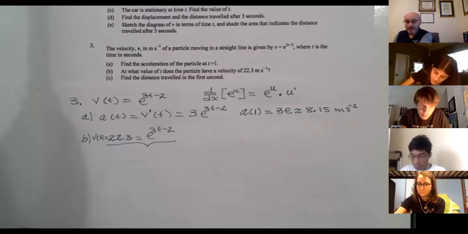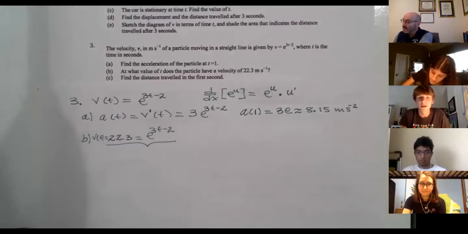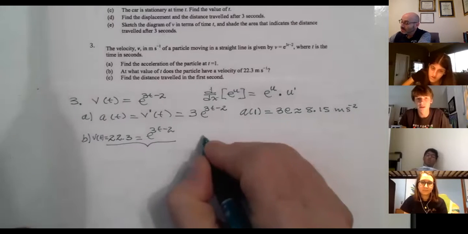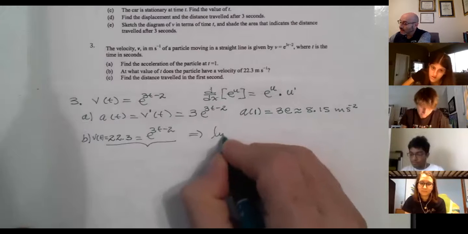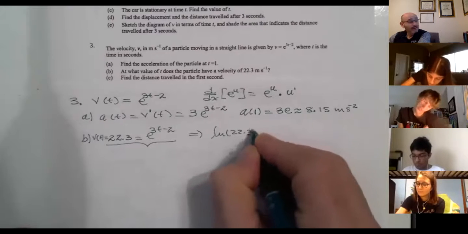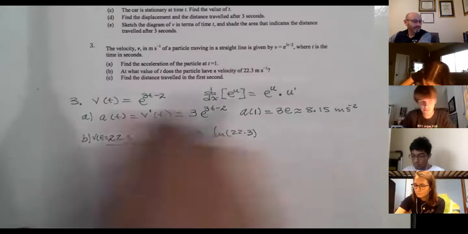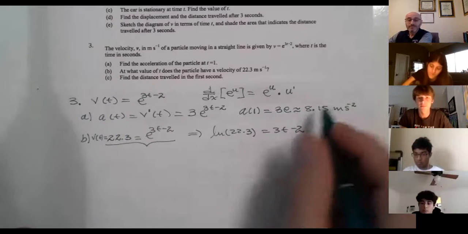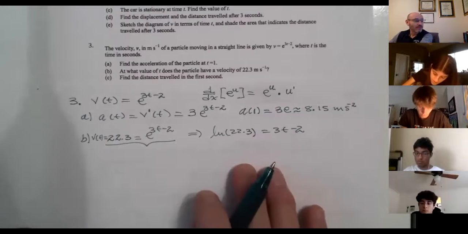How do we solve for t in there when we have an exponential function? Take the ln, and then add 2 and divide by 3. Awesome. That is correct, Bram. So we're going to do ln of 22.3 equals 3t minus 2, taking ln on both sides.